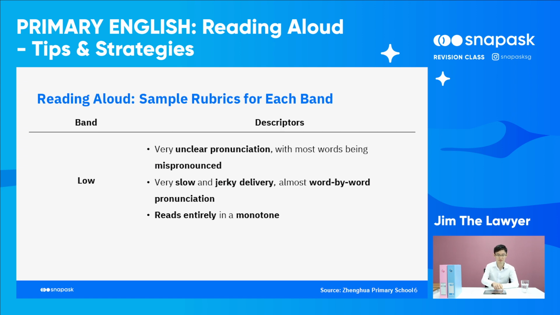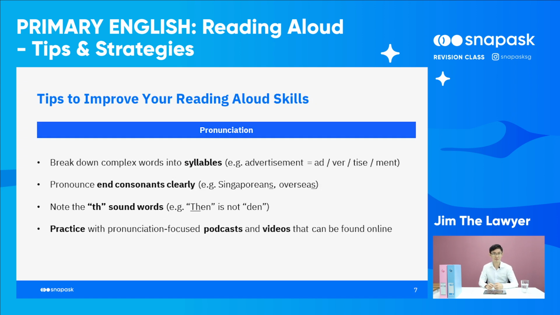So basically, in terms of the rubrics that we see over here, we want to achieve band 1 and avoid the lower tiers. Some of the tips that I want to teach you for how to better improve reading aloud is firstly really about pronunciation, being able to break down complex words into syllables. When you're reading aloud the passage, there may be times when you come across very complex words, such as advertisement.